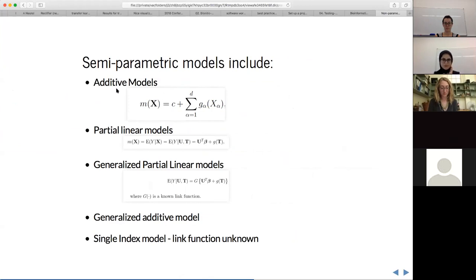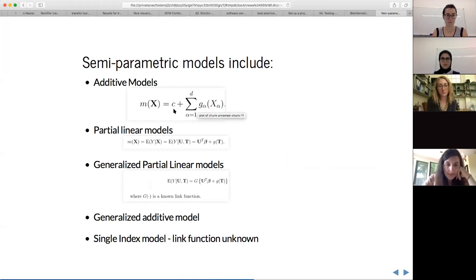So some of the models include additive models. Again, m(x) is your conditional mean. You're trying to estimate the conditional mean. So in additive models, D is then your dimension, or the number of variables that you have in your data. The idea is that you fit a spline, for example, a g, a nonlinear function, to every single D dimension.